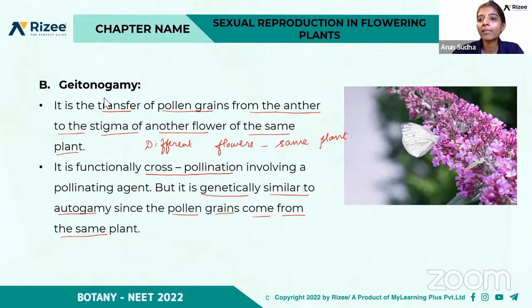It is the transfer of pollen grains from the anther to the stigma of another flower of the same plant. That is, the same plant will have two flowers, this one flower and this another flower, right? So here, pollen grain from the anther of this flower is transferred to the stigma of another flower within the same plant. Okay, so this is called geitonogamy.